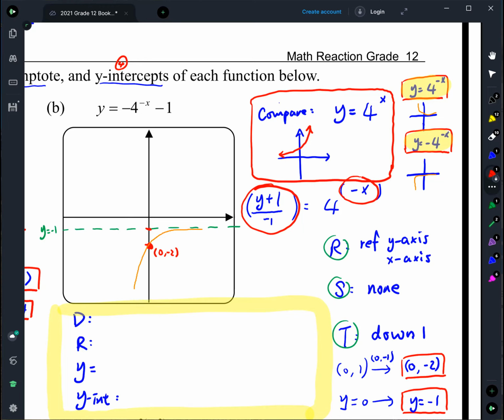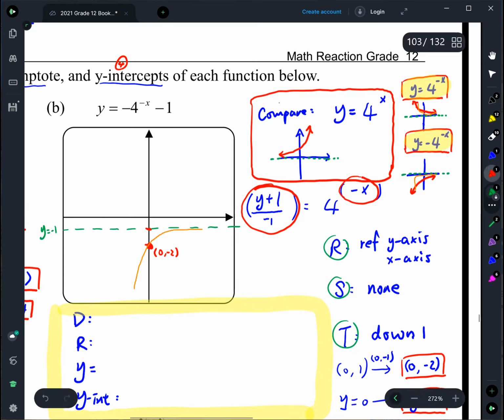When you're sketching, you go in steps. Follow the story. You start with a reflection, and you can go in different order for reflection, it doesn't matter. For both of them, the asymptote did not change. It still stays on the x-axis. And then the whole thing moves down, including the asymptote line. So that's why the green line now shifted down by 1.